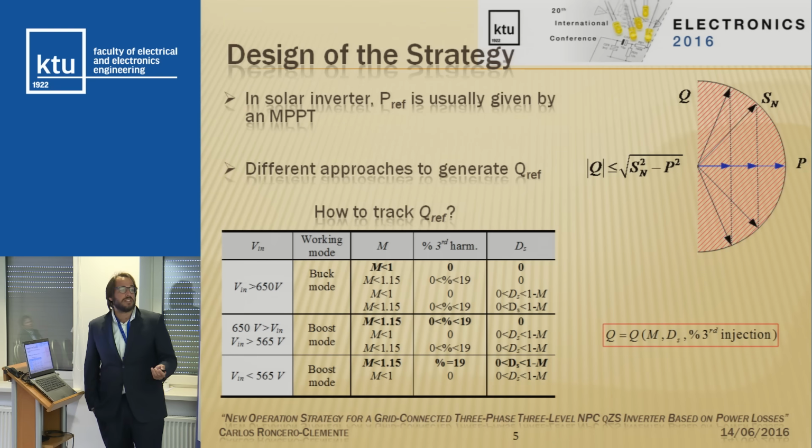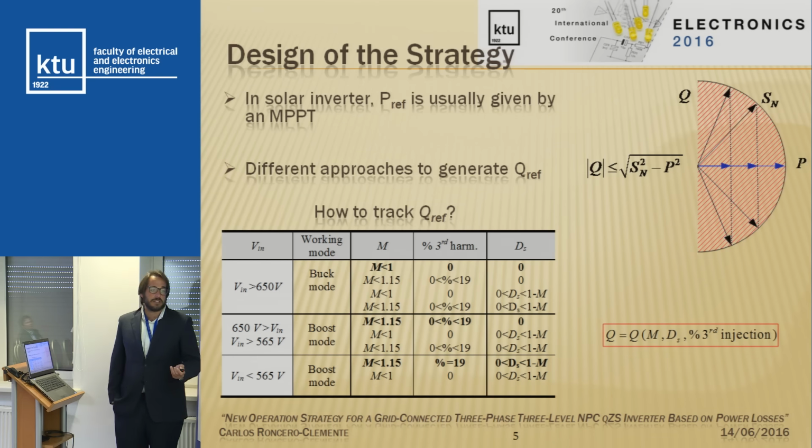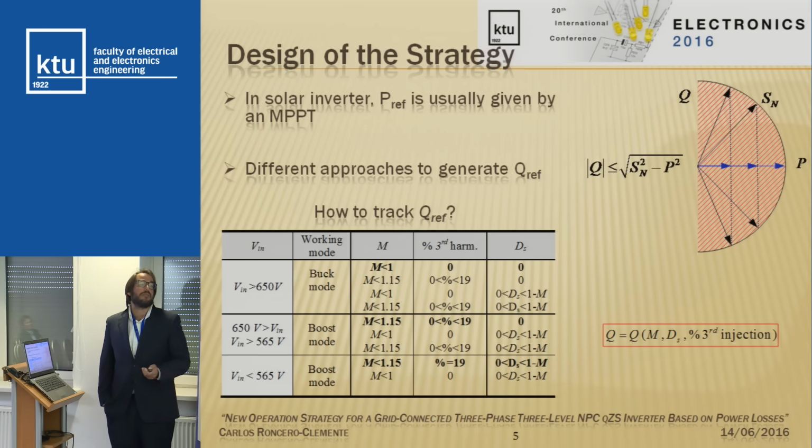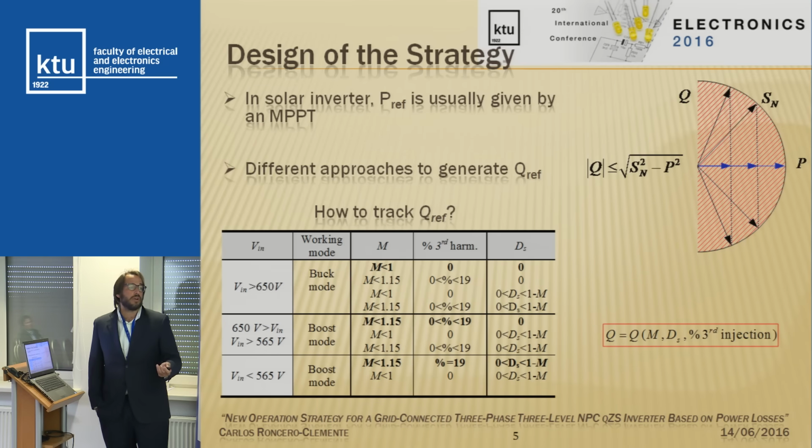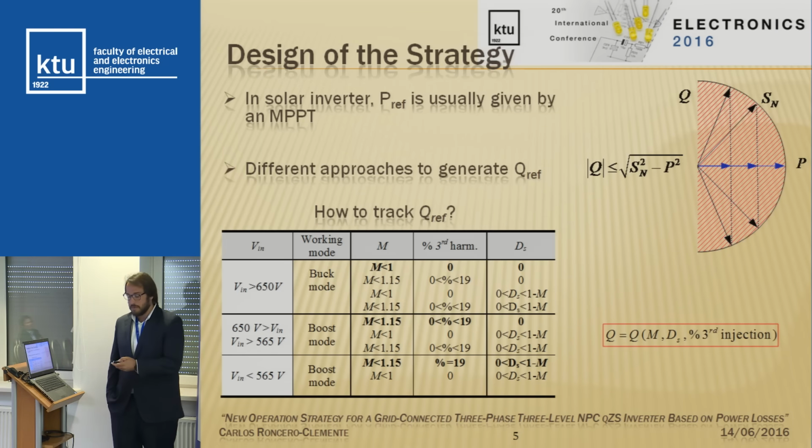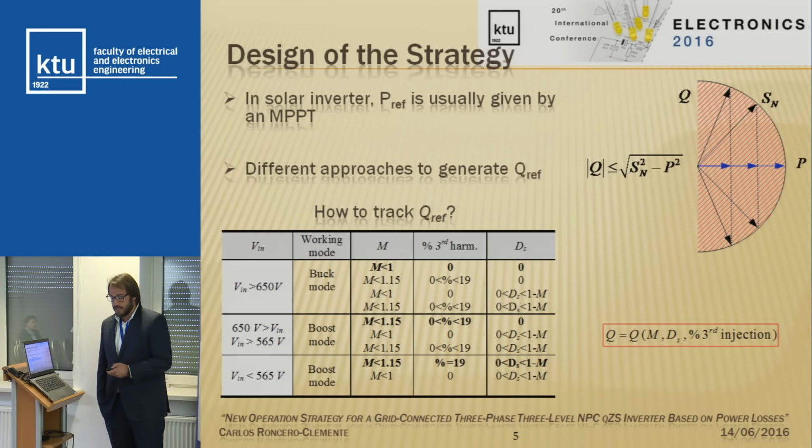When the input voltage is in the interval between 565 volts and 650 volts, we have to work in buck-boost mode, and if the input voltage is even lower than 565 volts, the operation mode must be the boost one.